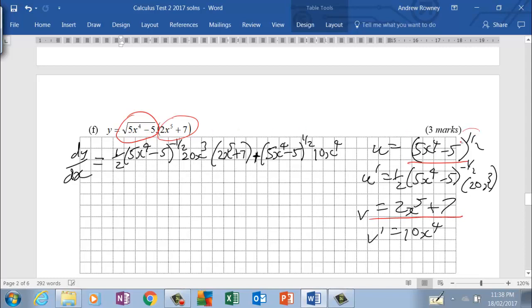Instead of square root, we put it to the half. Then to do the derivative, the half comes out the front, take one off the power, and then follow up by the derivative of that bracket, which is 20x cubed. This one here is simple to get the derivative, and then we plug it into the formula for the product rule, which is u dash v plus u v dash.